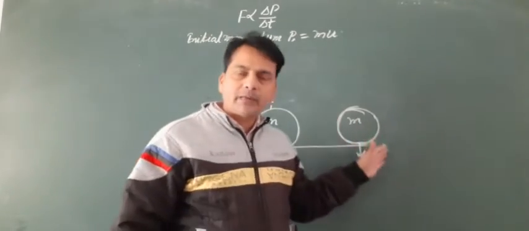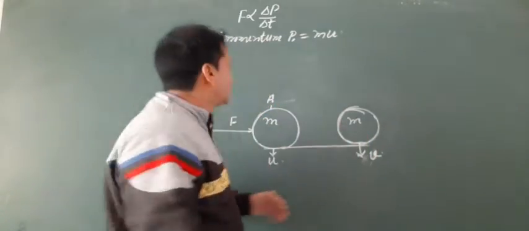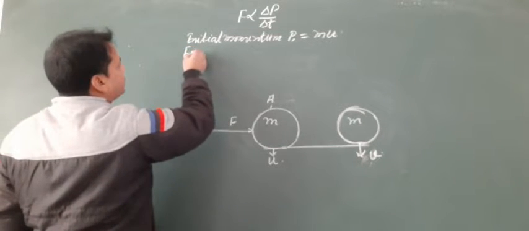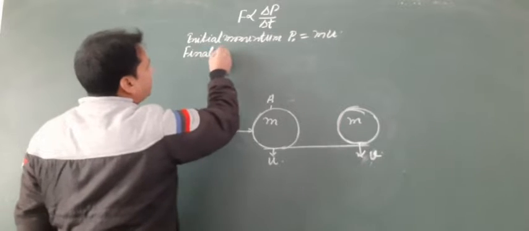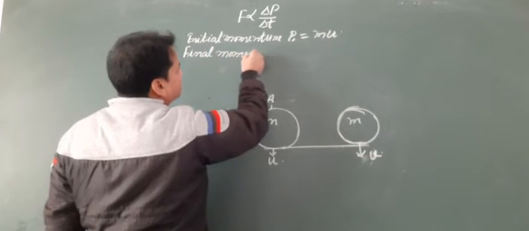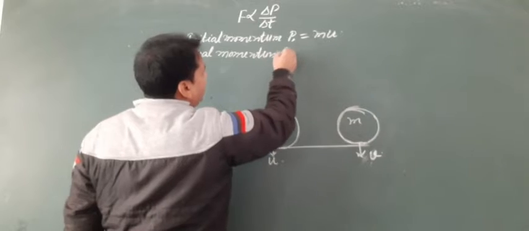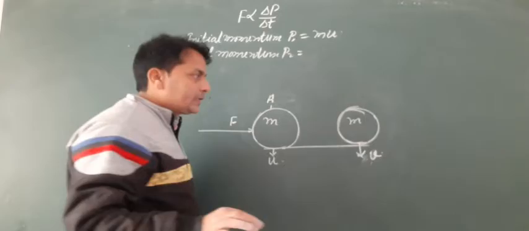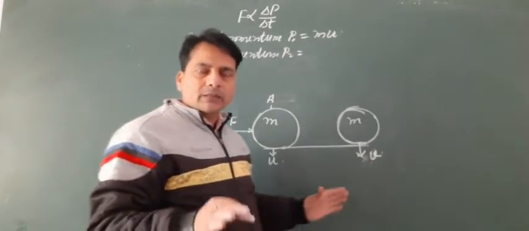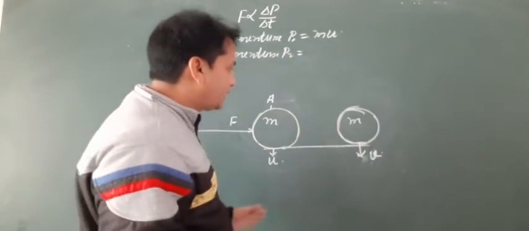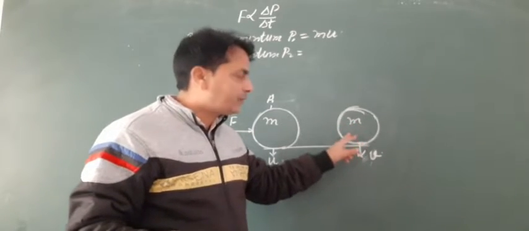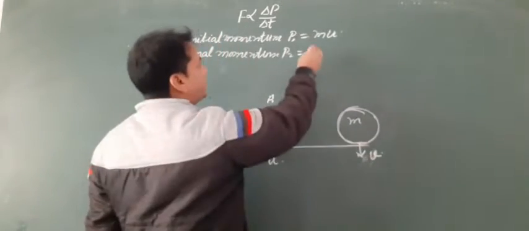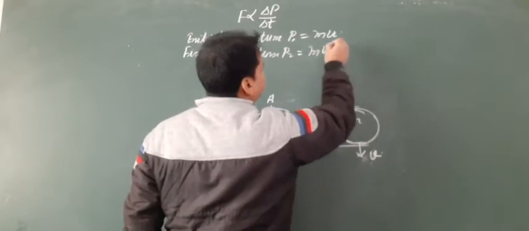So the final momentum of the object, P2, is the product of mass and velocity. The mass is m and the velocity is the final velocity v. So final momentum is m into v.